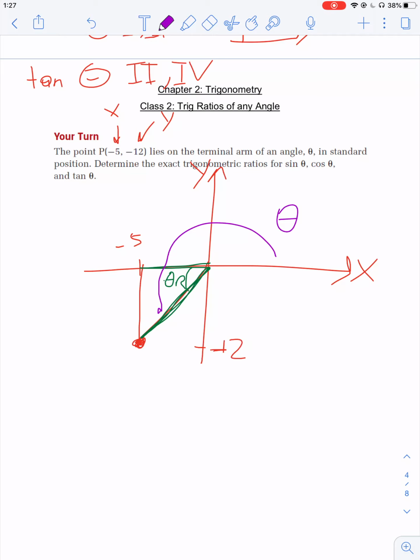So the side lengths of this triangle: this side, your base, if you want, is 5, because I like to think of the length of anything as a positive value, and this is 12, okay? Your coordinate is -12, yes, but the length has to be positive.